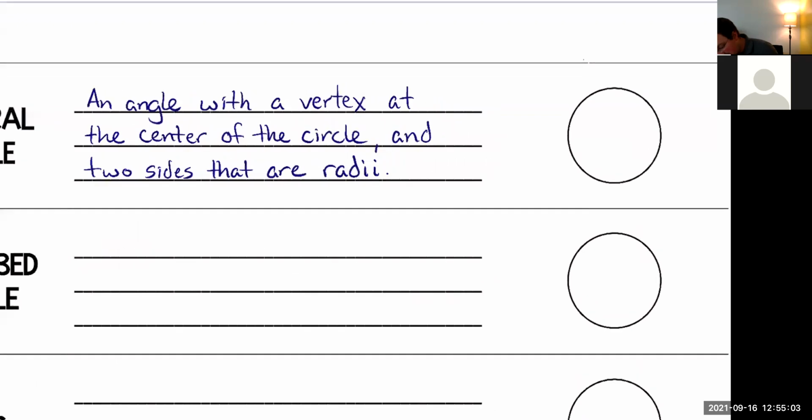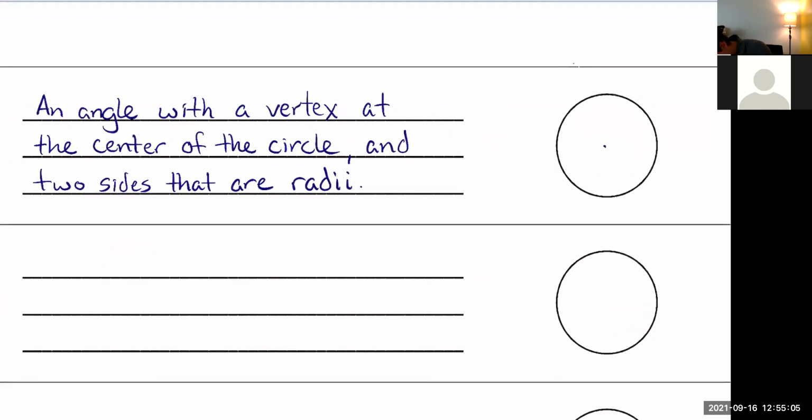To show you what I mean by that, I'm going to put my center P again right here in the middle of this circle. And I'm going to create basically just two radii, a radius in two different directions. What we form is an angle, in this case, APB.